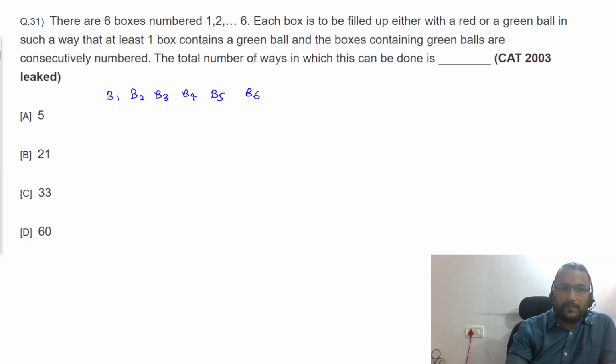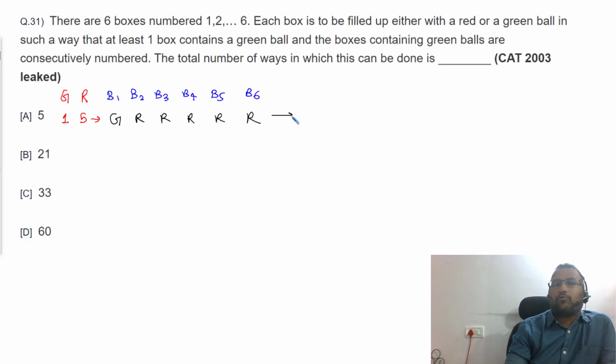So over here, consider the number of boxes having green ball and the number of boxes having red ball. Let's say one box is having green ball and the 5 boxes are having red ball. In how many ways can we do this?